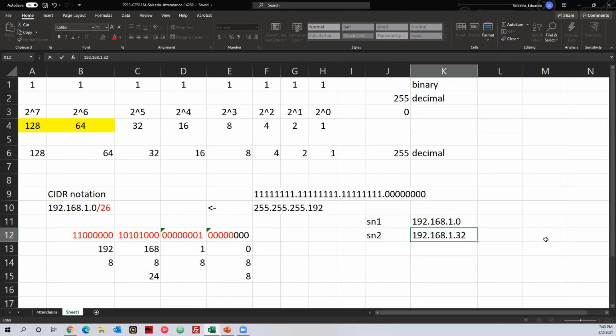No. All right, it's 32. Why? Because you have to divide. What am I doing? 16. 256.